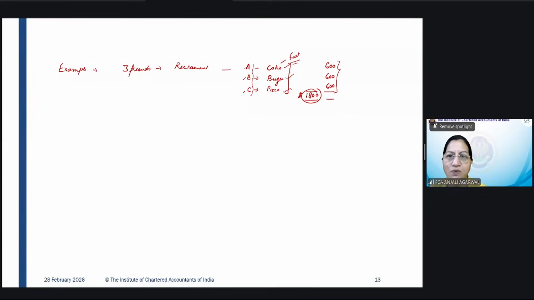They will all be closer, approximate, and in different circumstances, different methods may be more appropriate or more suitable. Okay. So this was your method of net realizable value. What we do is we can allocate.